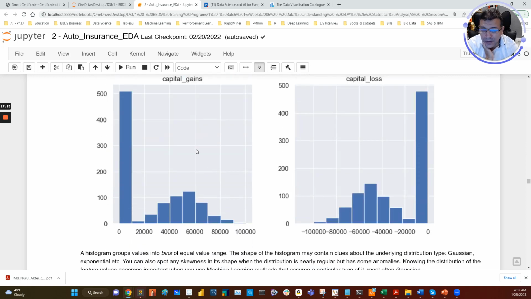We got a few features that are really skewed. So this is highly skewed to the left. This is skewed to the right. That simply means if you were to use these two features, we need to do something about it. Otherwise, most likely it's going to create some problems related to a bias.